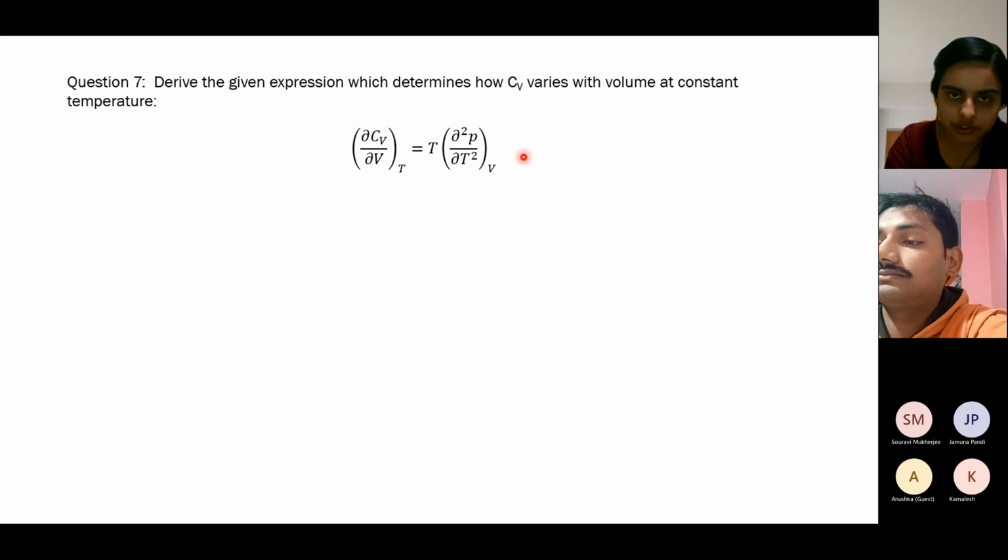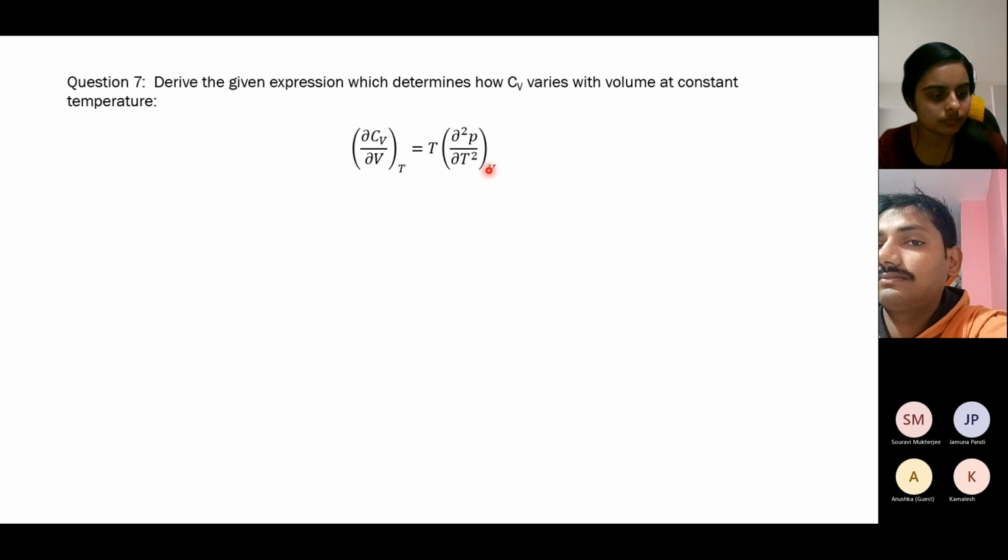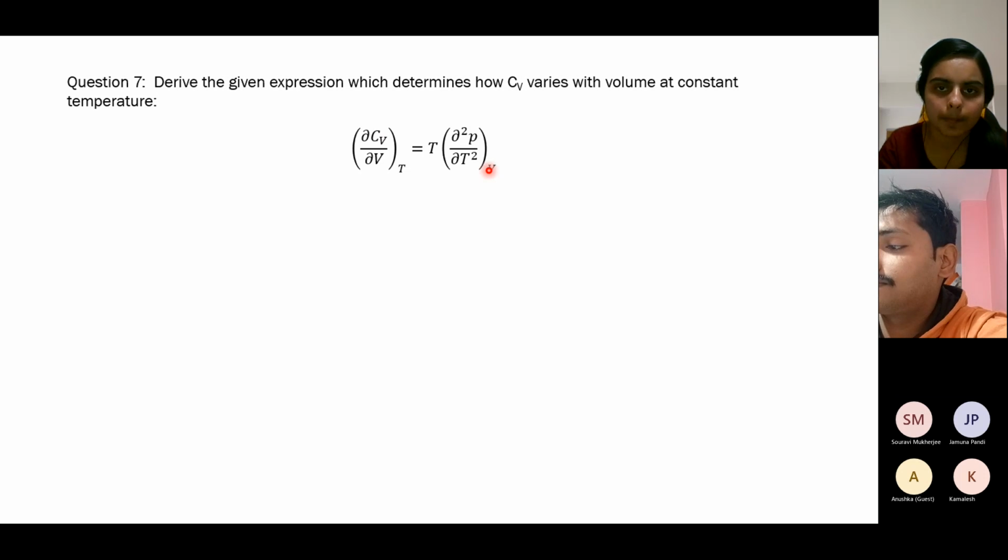Can you tell me which Maxwell's relation to use? By looking at this expression, which Maxwell's relation will you start with? Look at this term here. This will tell you which Maxwell's relation to start with.